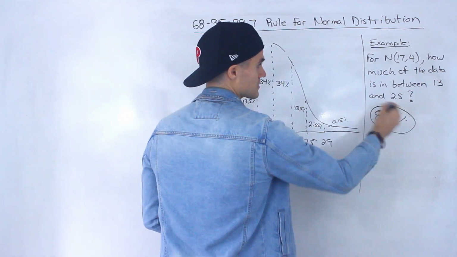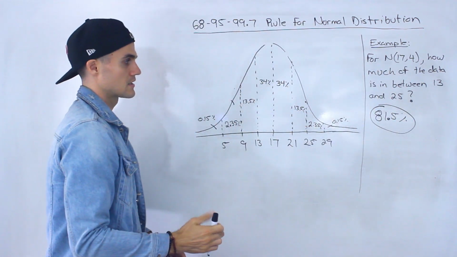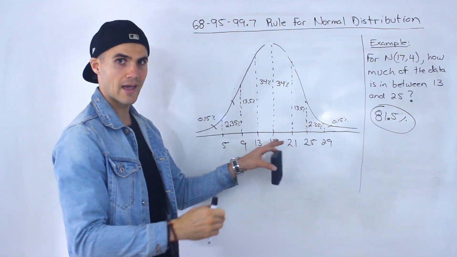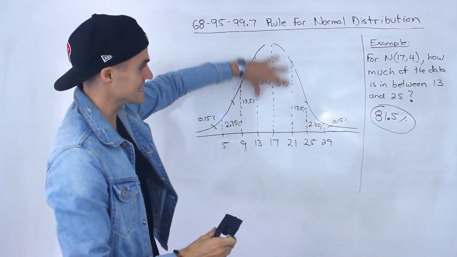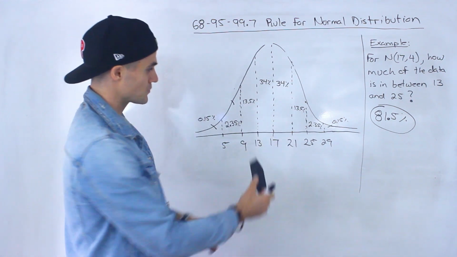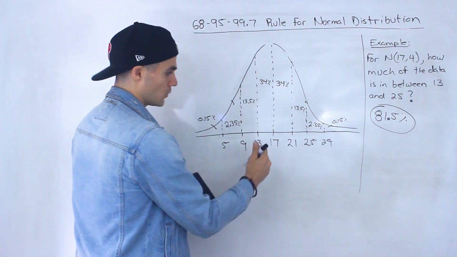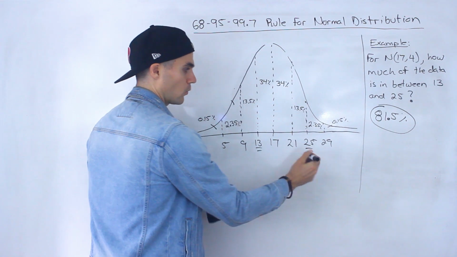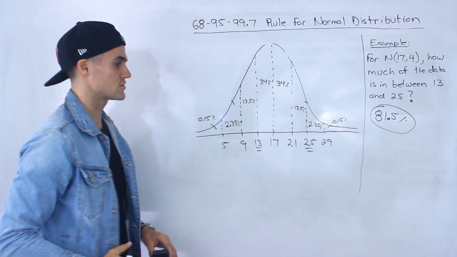That would be the answer to this. And notice that would be tougher to get if we just kept it as 68, 95, and 99.7. Because we went into more detail now, we can deal with more detailed intervals.